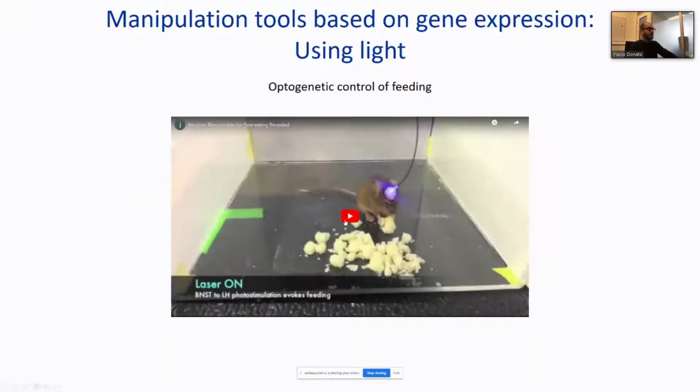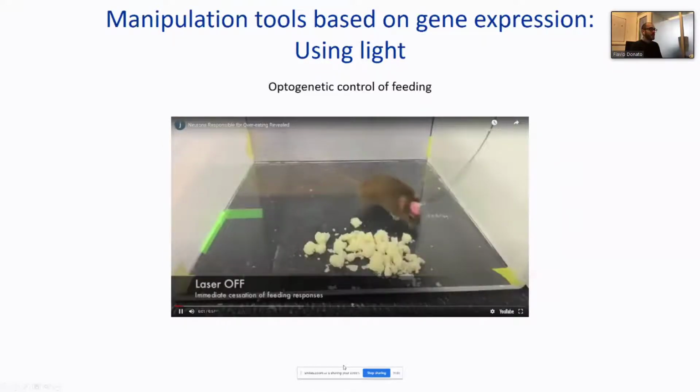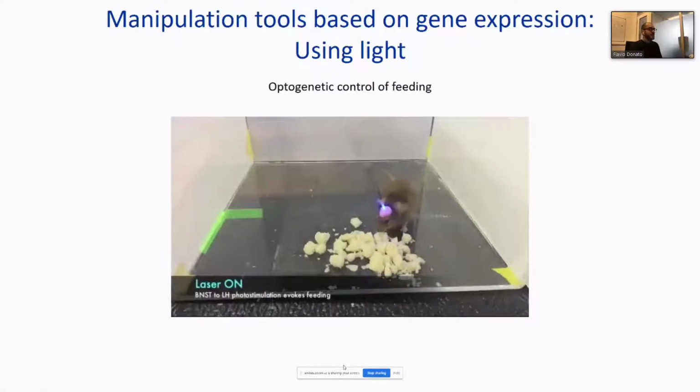Another type of behavior: you find an area in the hypothalamus which you suspect is important for inducing eating responses in this animal. You want to test if, when you artificially activate those neurons, they are really responsible for feeding behavior, so you should induce the animal to go and eat. This is what you do. The animal is running, is close to food, you activate the light, the animal starts eating.